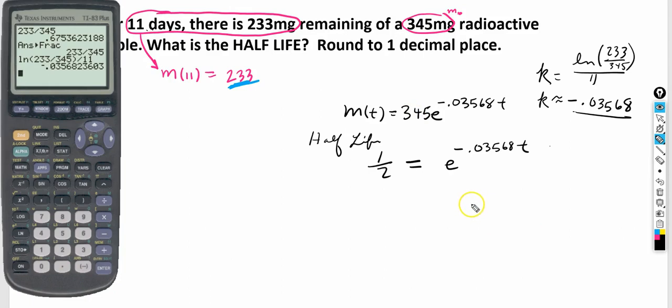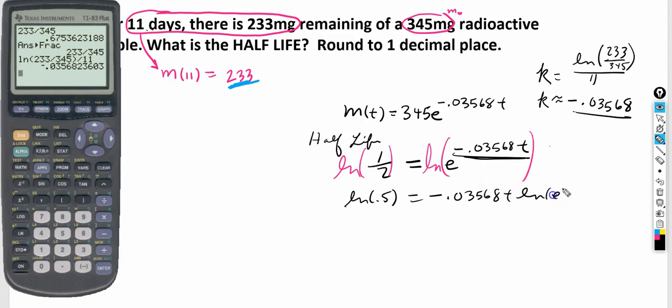Okay, so I need to find out what t is. So again, it's something in the exponent. So I'm going to take ln of both sides. So I get ln of 1/2, which I can write as 0.5. And I'll use rule number 3 of logarithms and bring that out the front.